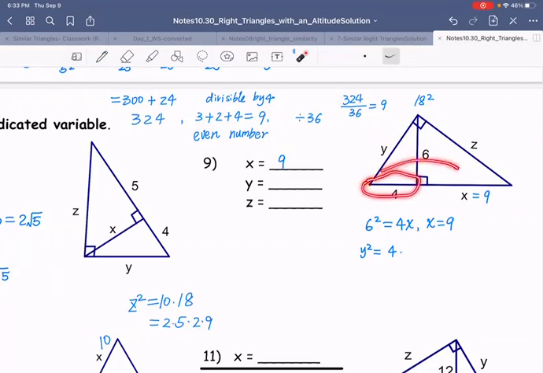This guy times this guy. This square equals this times this. Okay. Oh, so y is 6. Oh wait, sorry. Do the last one. Oh, yeah.